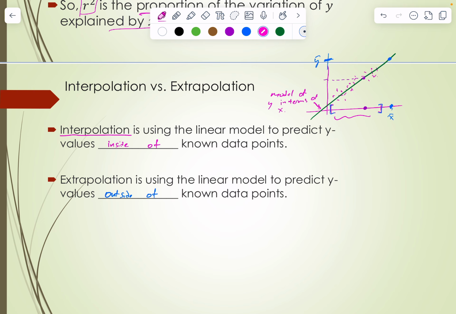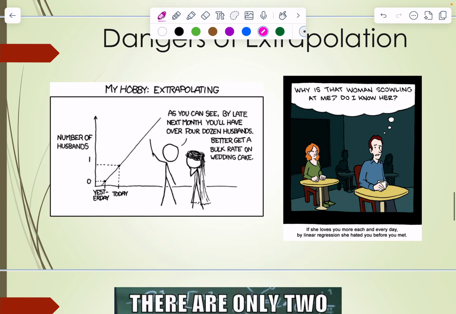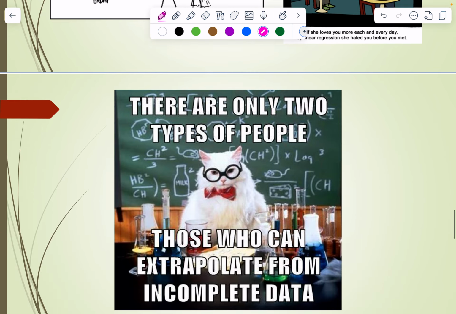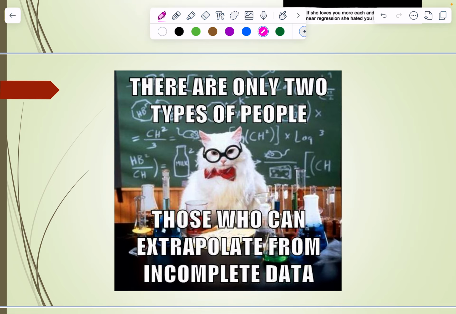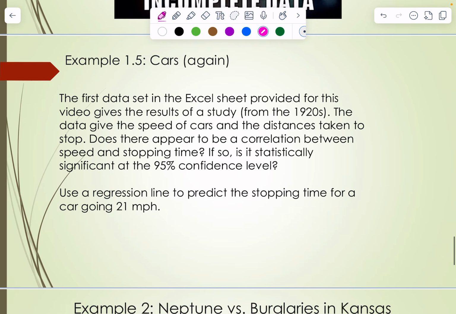And so here are some examples of where that might be problematic. So that's the danger of extrapolation. Sometimes extrapolation is a good thing, but it needs to be done with care.